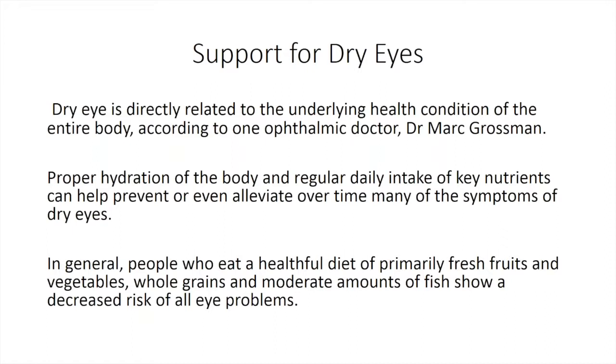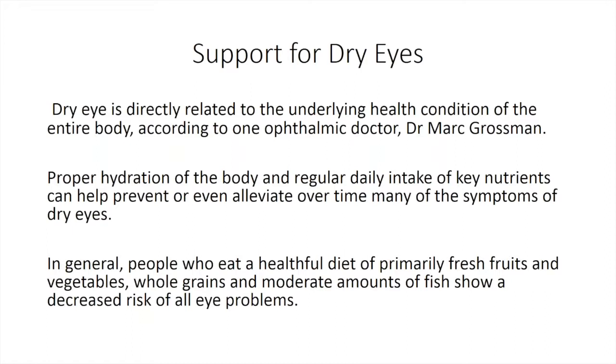And he maintains that in general, people who eat a healthful diet of primarily fresh vegetables and fresh fruits and whole grains, we note the gluten-free need might be there as well, and moderate amounts of fish, and we'll talk about the importance of certain fish oils in a moment, show a decreased risk for all eye problems.